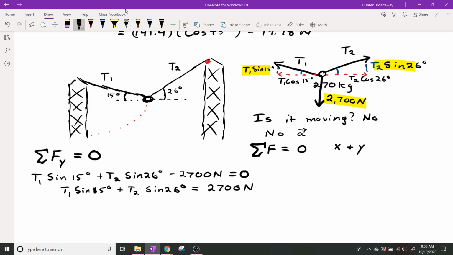We have to look at the x direction before we can go any further in the y direction because I have 2 unknowns and only 1 equation. And if there's one thing I learned in algebra, it's that if you have more than 1 unknown, you can't solve for it unless you've got another equation to solve with. So I can't go any further here.